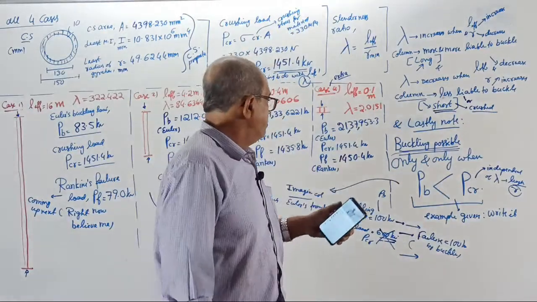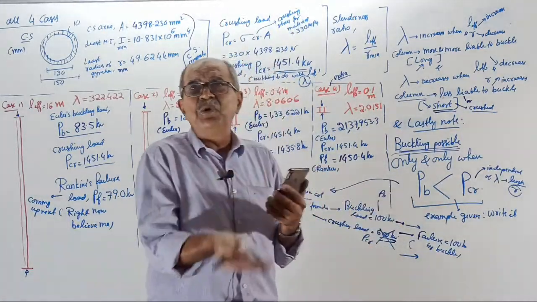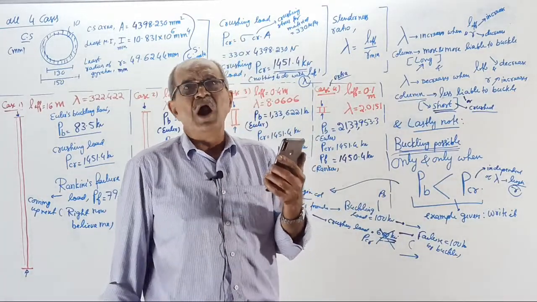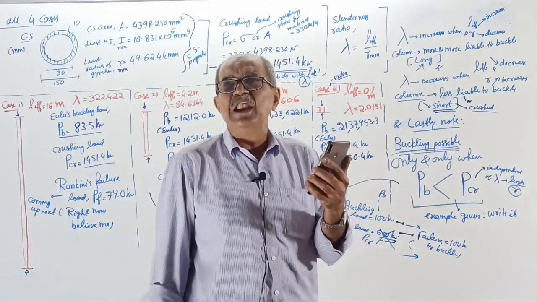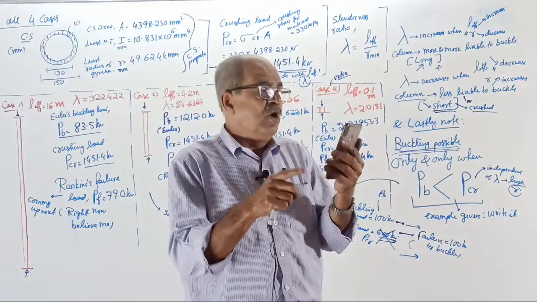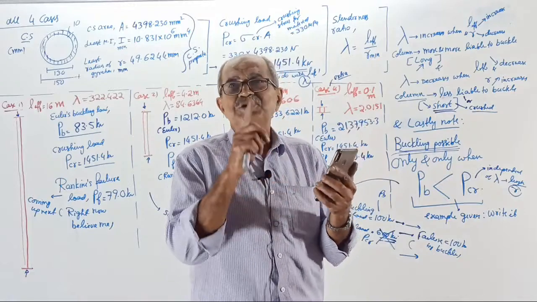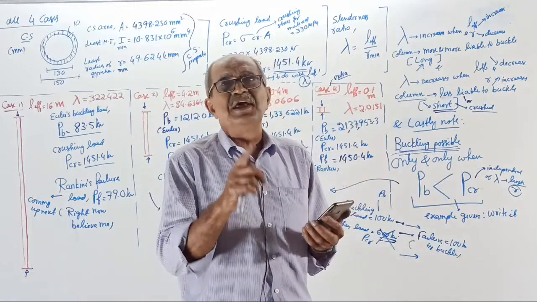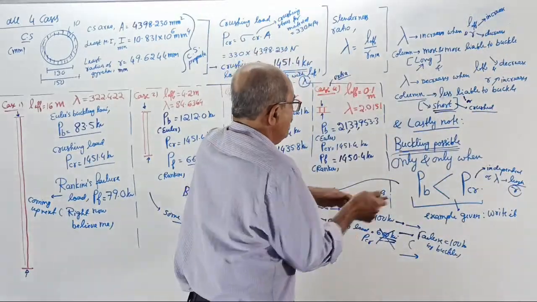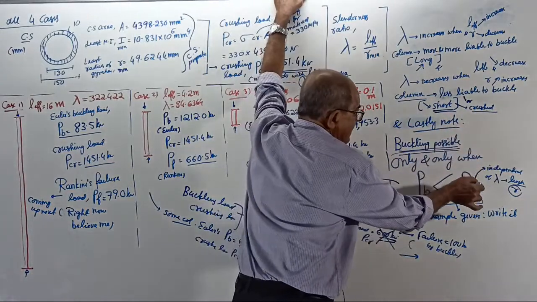Tell the answer. If the column is going to fail by buckling, the only chance is that the buckling load should come first. First it should reach the buckling load, crushing later. So therefore the buckling load should be less than the crushing load.